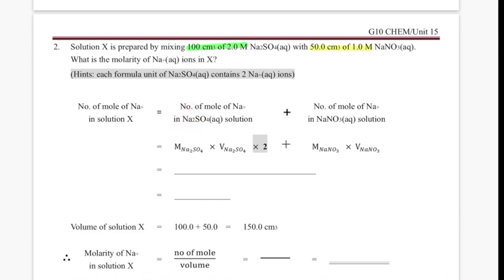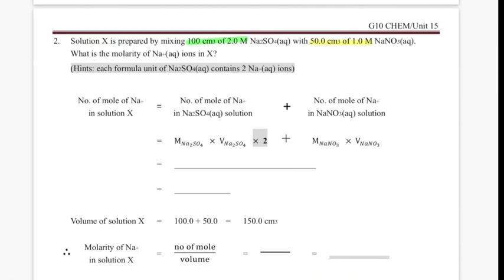And the number of mole of sodium sulfate here will be 2, the molarity, times the volume. In cm cube, we convert it into dm cube, so it will be 100 times 10 to the power of minus 3, and remember, multiply by 2.